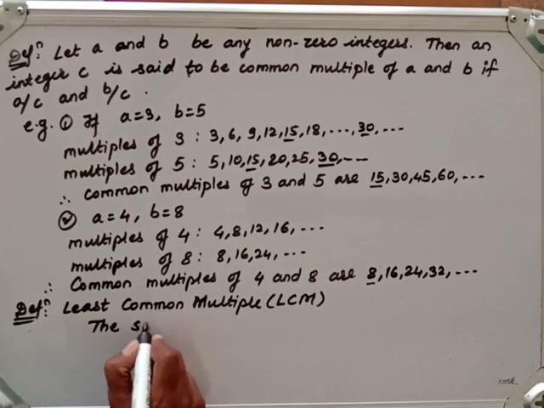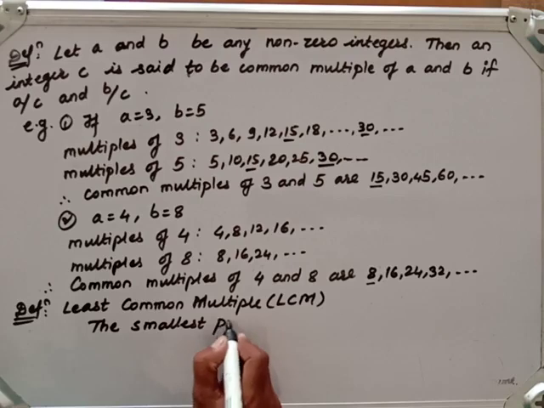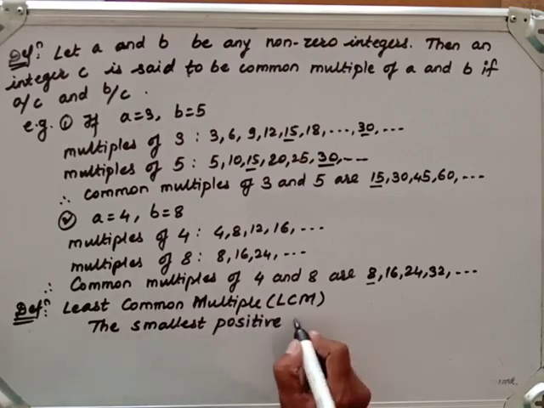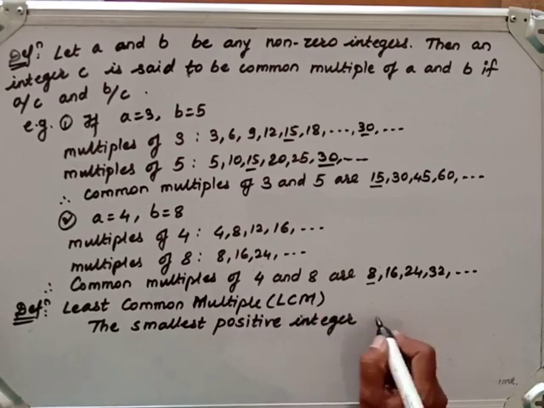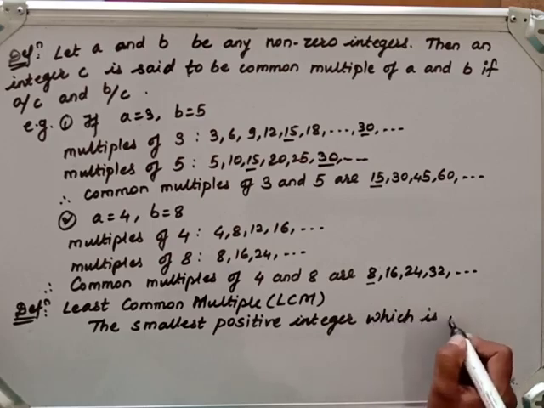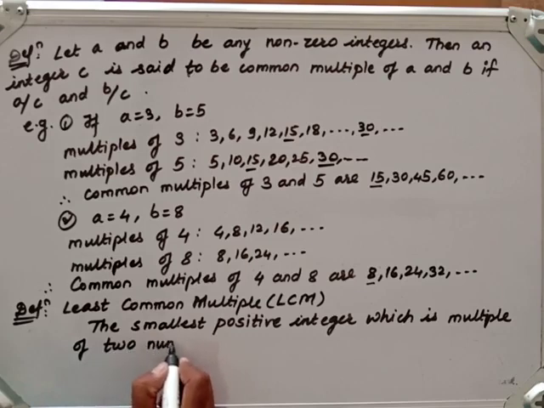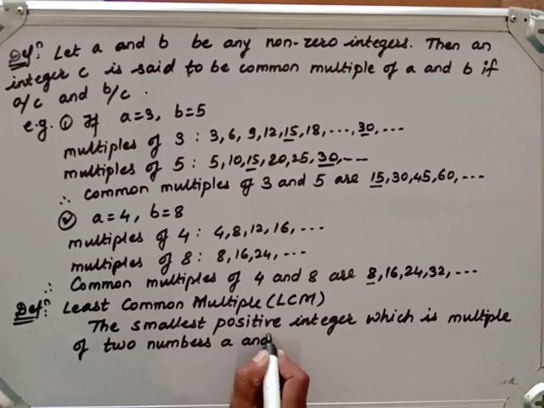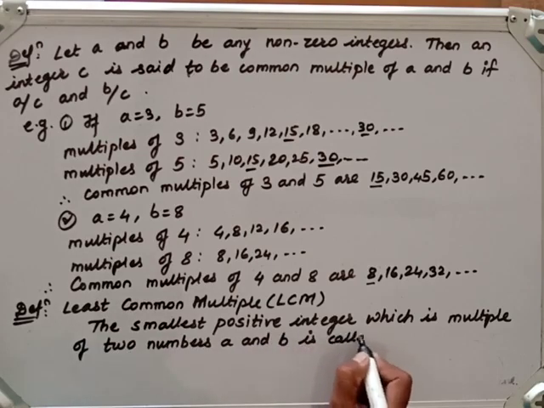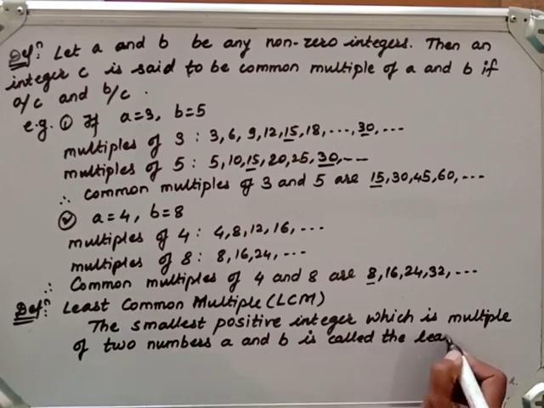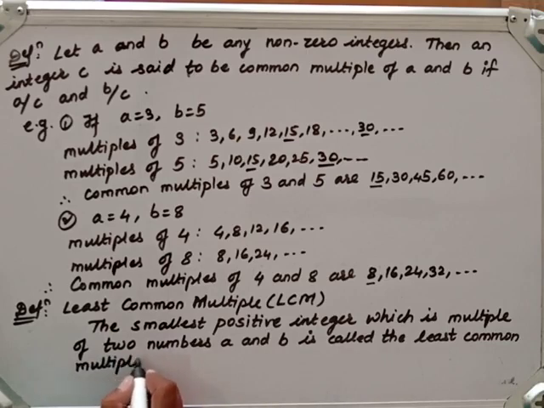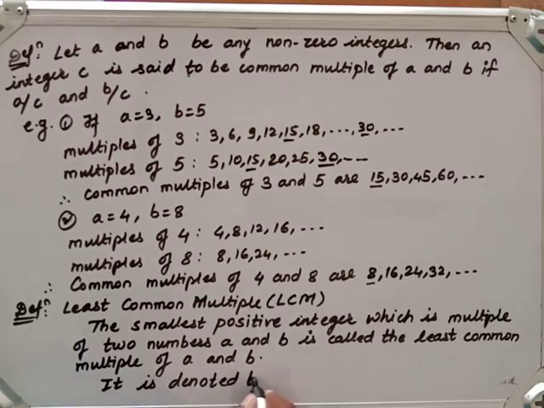The simple way to define it is: the smallest positive integer which is a multiple of two numbers A and B is called the least common multiple of A and B. It is denoted by the square bracket.